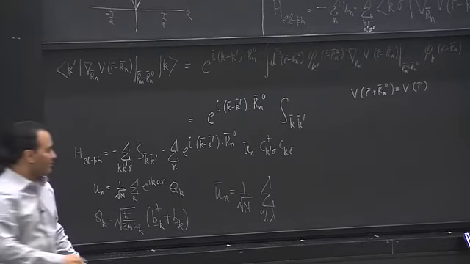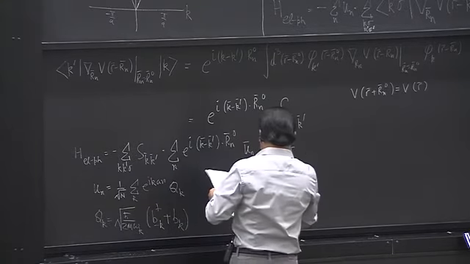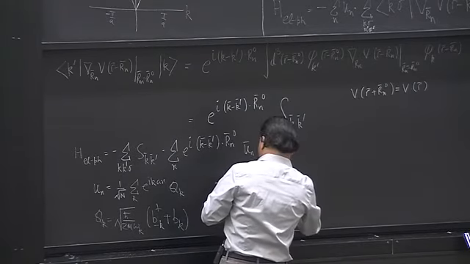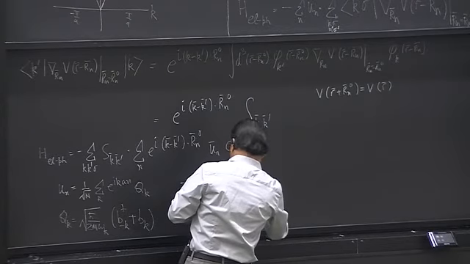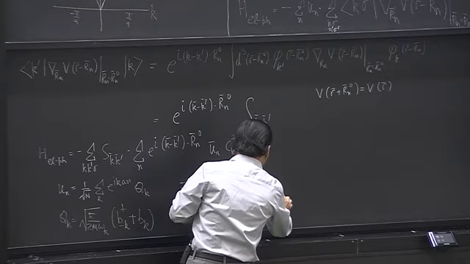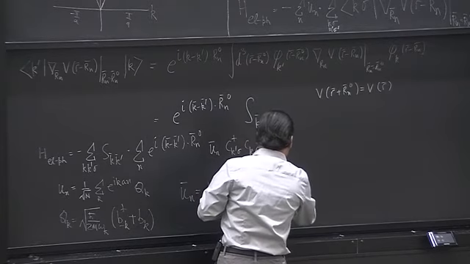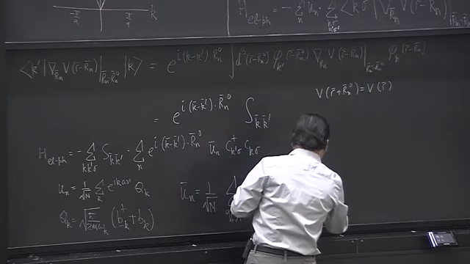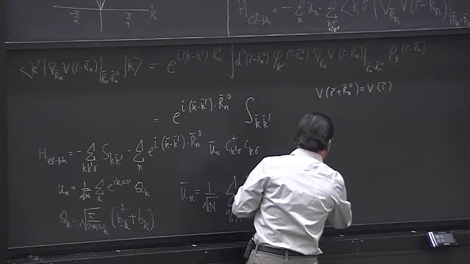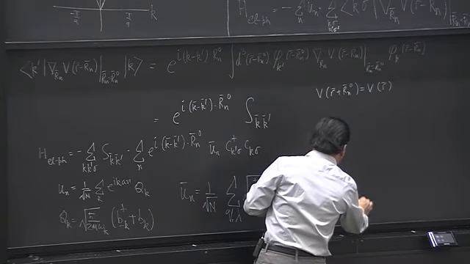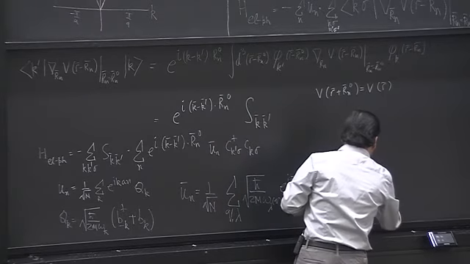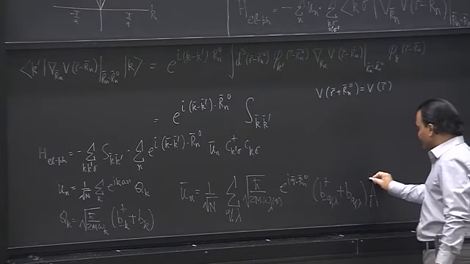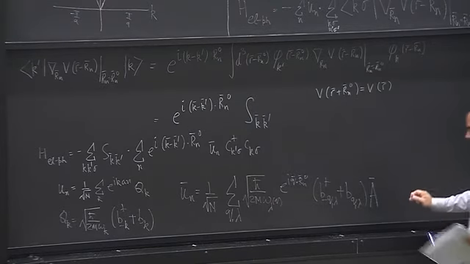It's not related to the earlier lambda. Lambda runs over all branches. I'm going to assume that each of these branches labeled by lambda has some polarization vector which I'm denoting by capital A lambda.